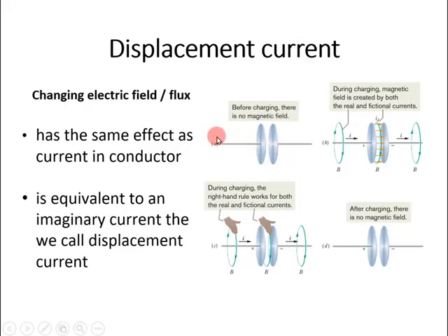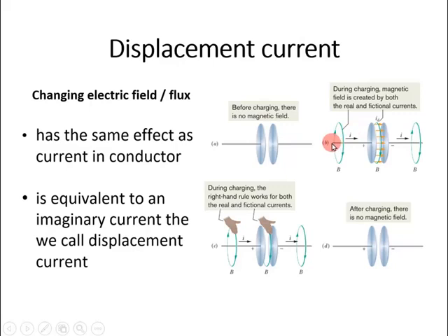Here we are, the capacitor plate. At the moment, the capacitor is not charging and there is no magnetic field set up. When we move to this side, we realize that the capacitor is now charging. Electrons are moving away, and therefore current is in this direction as shown.